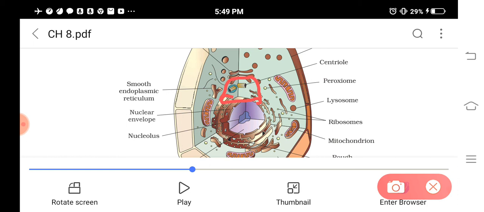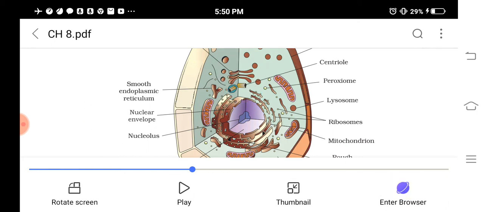During cell division, the spindle fibers are fiber like structures that originate from the centrosomes. They help to pull the chromosomes, so that they get distributed equally to the daughter cells. I will teach you this process when I teach you about cell division. Understood? So these centrosomes and centrioles are absent where? Plant cells. Is it clear?